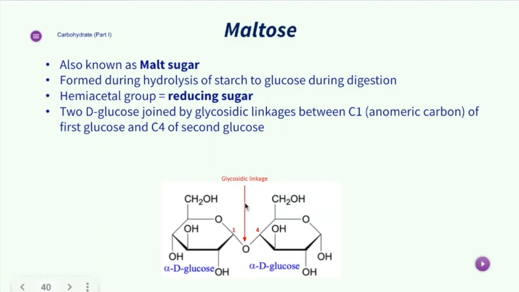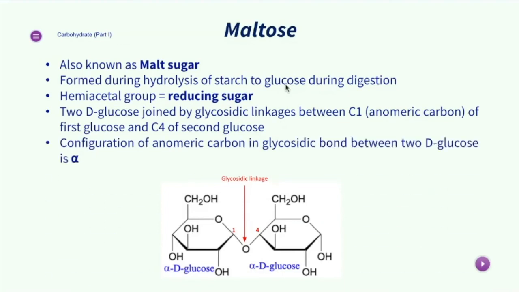This is the disaccharide maltose. If I ask you how maltose is made up, it is made up by the bonding between two glucose units by a glycosidic linkage. The configuration of the anomeric carbon in the glycosidic bond between the two glucose units is alpha.